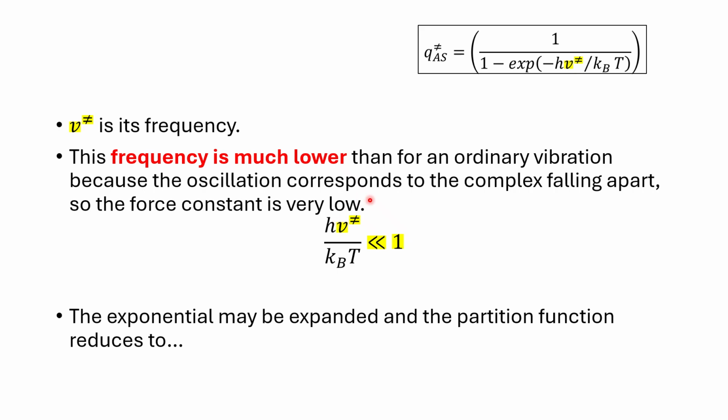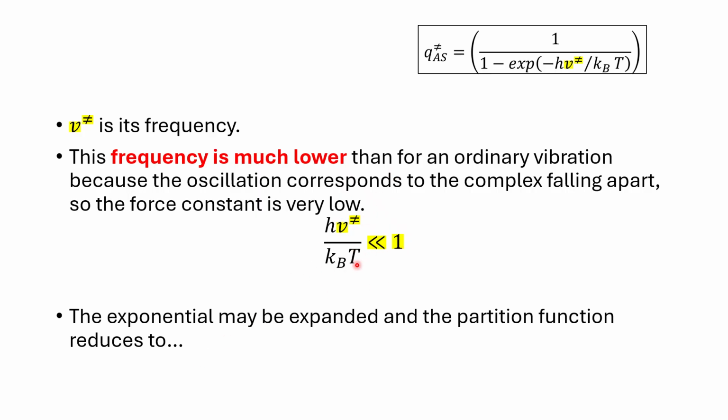As a result, the frequency nu is much lower than the frequency of an ordinary stable molecular vibration. Since the value of nu is very small, the term here will become a value which is very much less than 1.